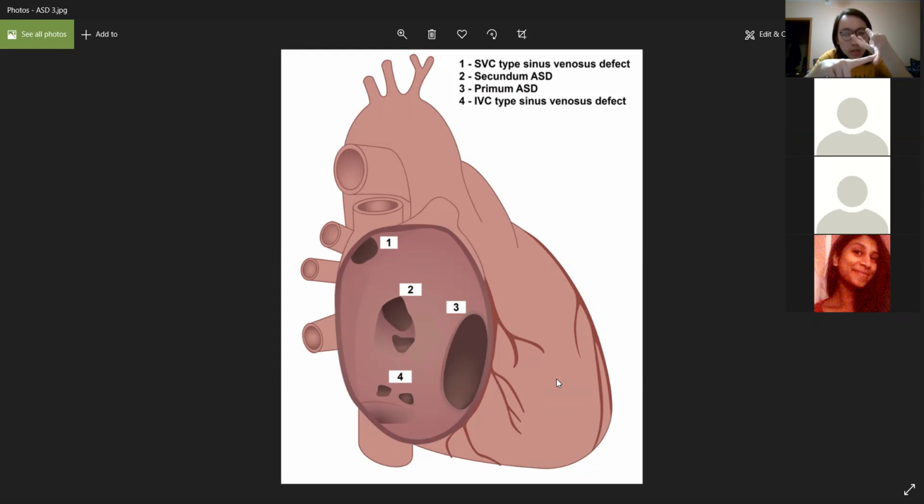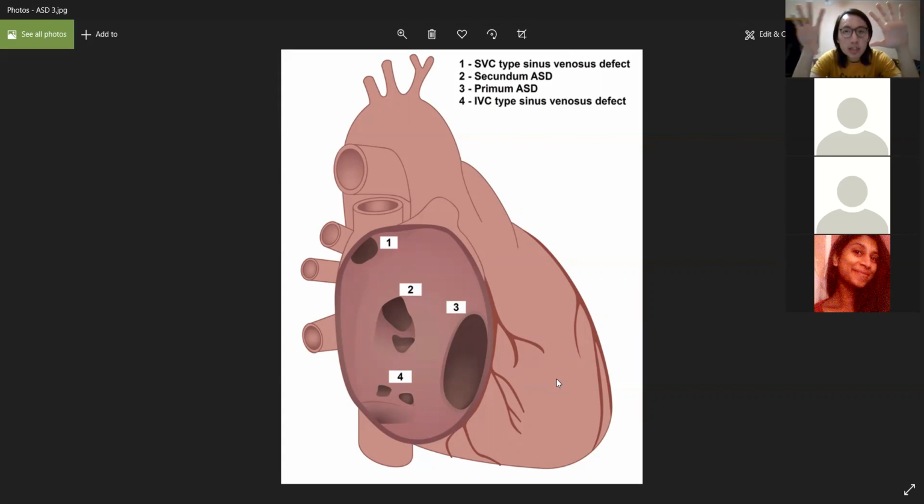From these names, you see the synonyms of primum ASD refer to a defect that is localized on both compartments, the atrium and the ventricle, right? From the name itself, it is a form of atrioventricular septal defect.